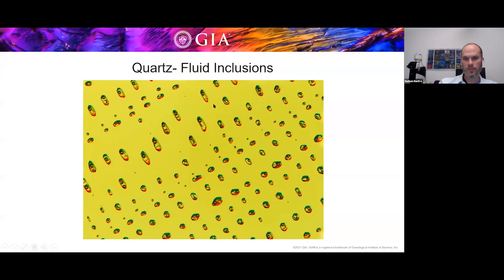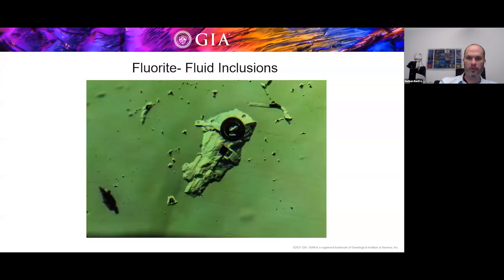With this quartz, because we only have one daughter crystal, which is the salt crystal, that tells us this was a simple fluid. There wasn't a whole lot of excess chemistry going on. But we also have similar examples in fluorite. Again, we have lots of fluid inclusions here, and a rather large one, with a blocky salt crystal, a gas bubble, and then the fluid filling in the leftover space.